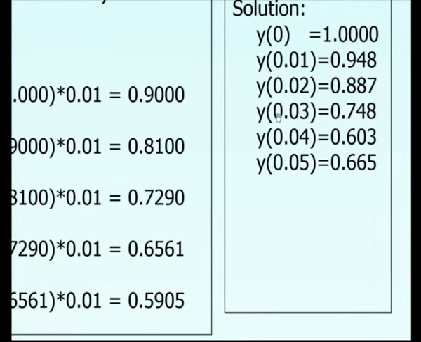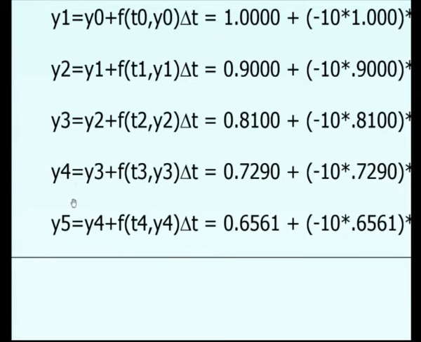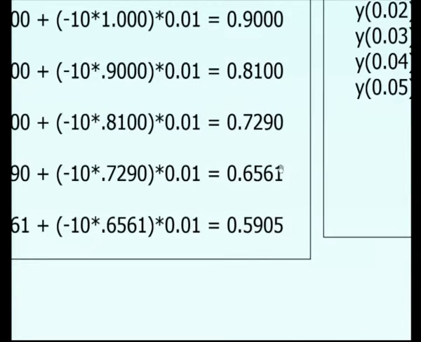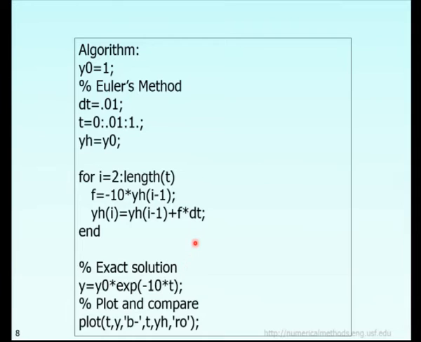The exact solution value at 0.03 is 0.748, but here it is 0.7290. In a similar manner, you can go for y 4, y 5, the approximate solutions happen to be 0.6561 and 0.5905. You can compare with the exact solution. Here there is more error, okay.